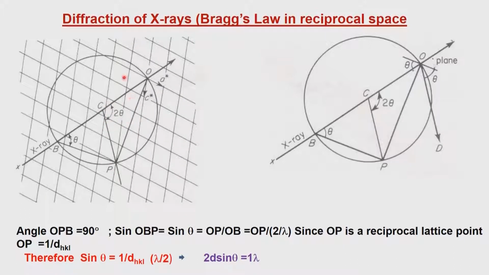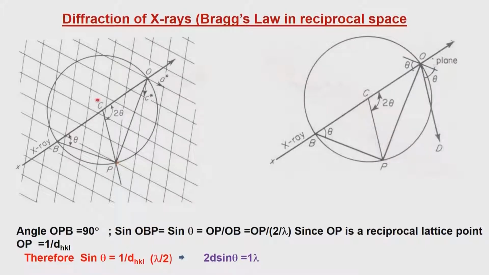Now, what is happening is that if you look at this circle and see where all the points are where the reciprocal lattice is intersecting with the circle, we find at least P is definitely intersecting with the circle. So, whenever such intersections take place, by definition, we will have diffraction.